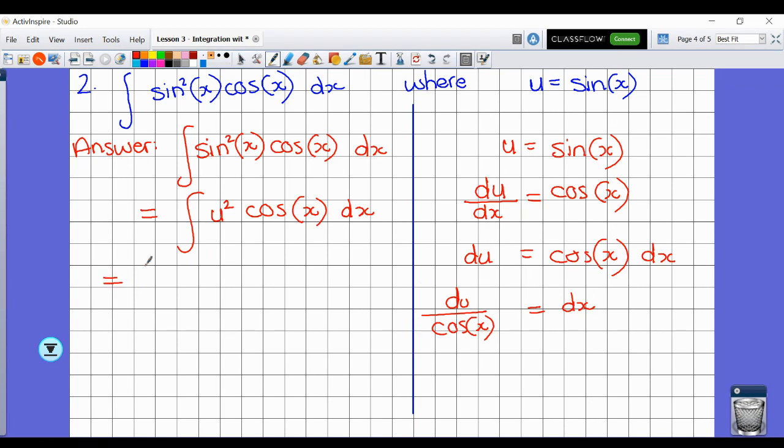Okay, so now I've got dx by itself, so I'm just going to swap dx for this part here. And if you look ahead, you might see something that cancels out, which is good. So dx can be swapped for du over cos x. Now you can spot this, I've got a cos x on the top, I've got a cos x on the bottom. They cancel each other out.